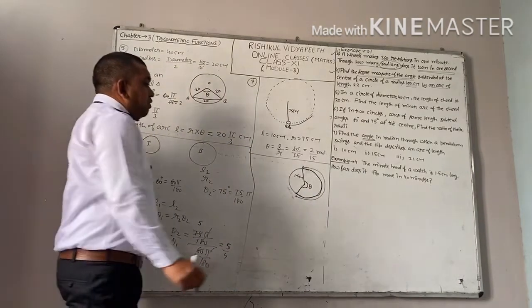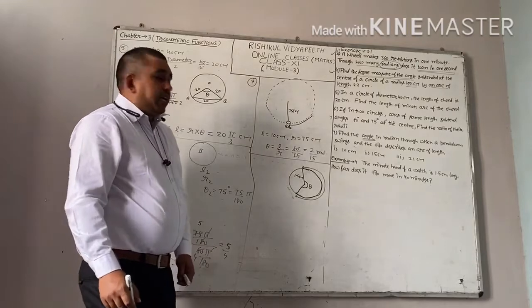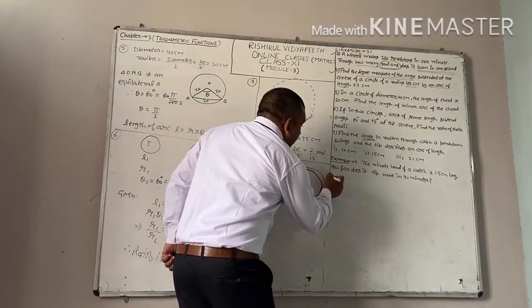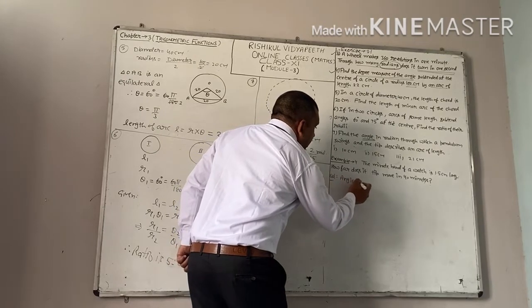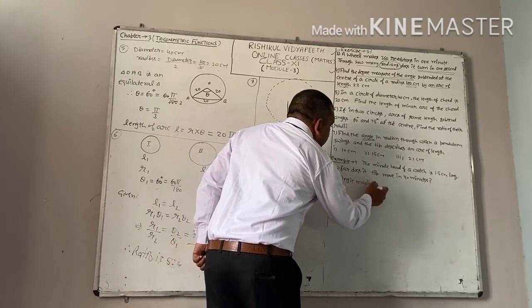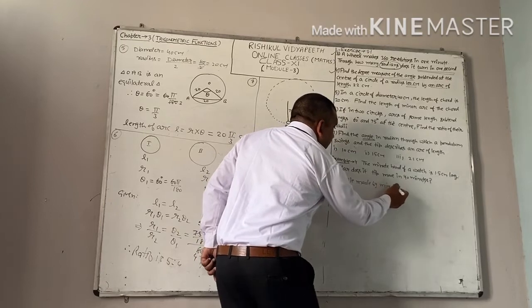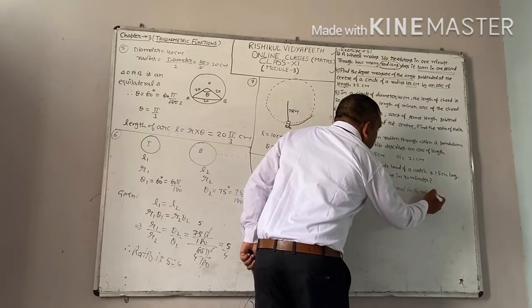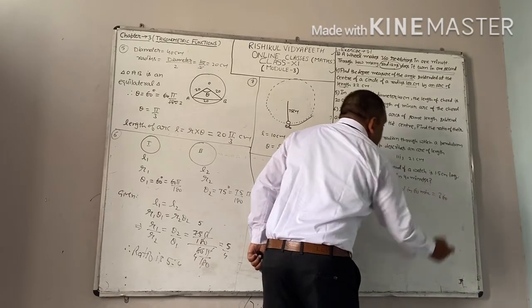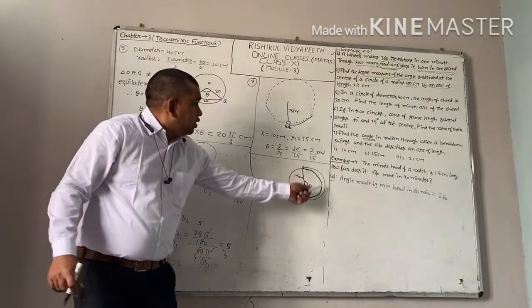And we know very well that angle made by minute hand in 60 minutes is equal to 360 degree, because 60 minutes means one complete revolution.